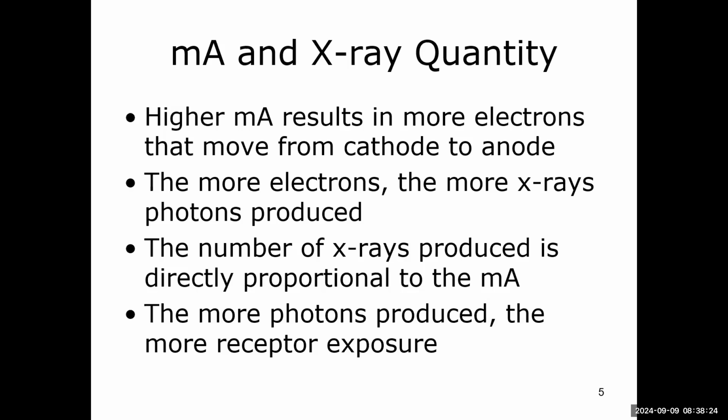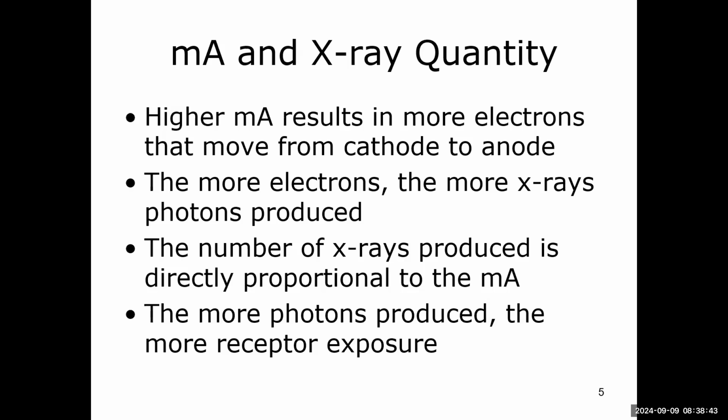I sort of already said this, but let's look at it again. The higher MA results in more electrons that move from the cathode to the anode. The more electrons, the more x-ray photons produced. The number of x-rays produced is directly proportional to the MA. The more photons produced, the more receptor exposure.